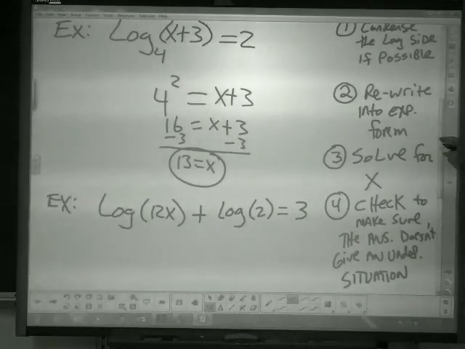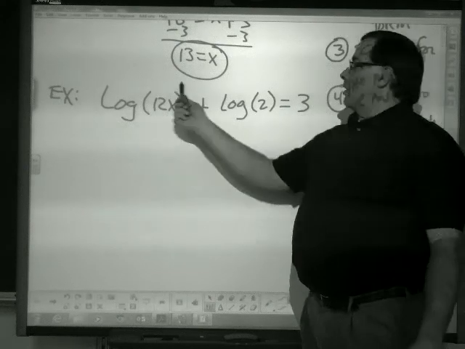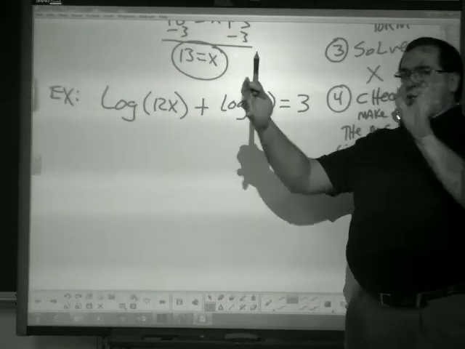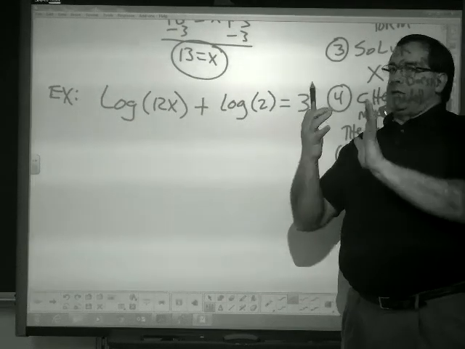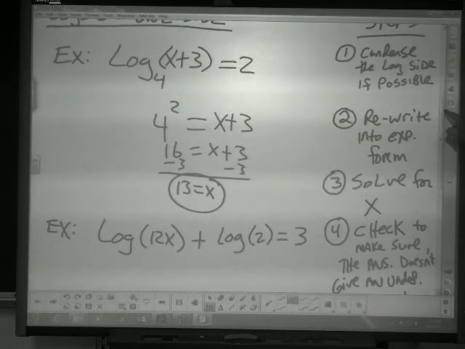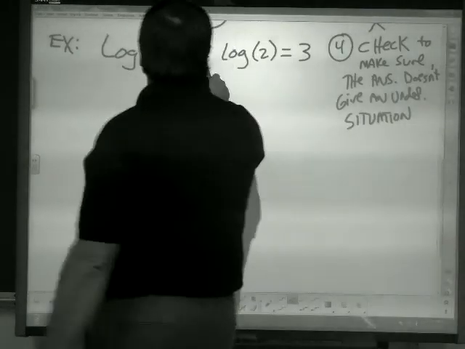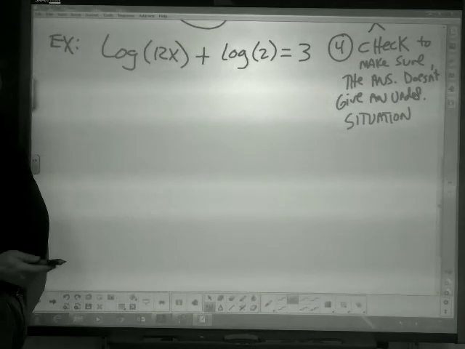All right, let's take a look at another example then. Notice, in this one, logs are on one side, but they're expanded out. We have to condense them back in. So step 1, condense the log side if possible. That's our whole re-expression properties. Well, I know that plus came from multiplication.